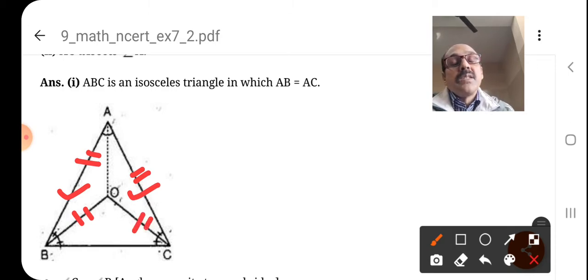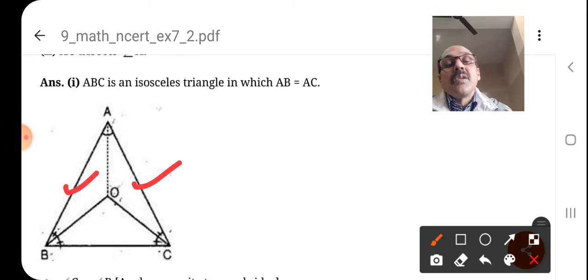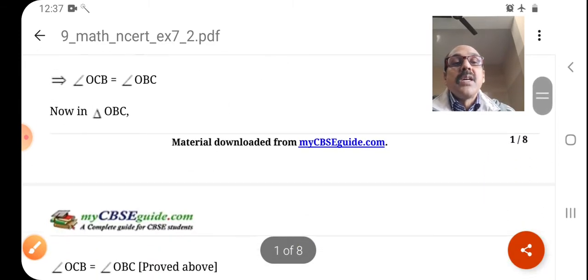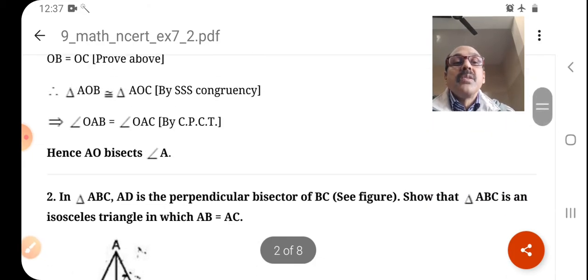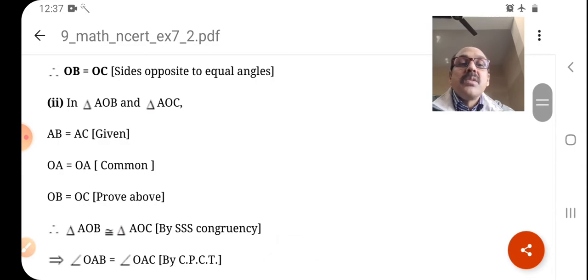AB equal to AC, it is given, and OB equal to OC, we proved this, and OA is the common side. So these two triangles are congruent by SSS rule. So by SSS congruency, AOB equal to AOC.